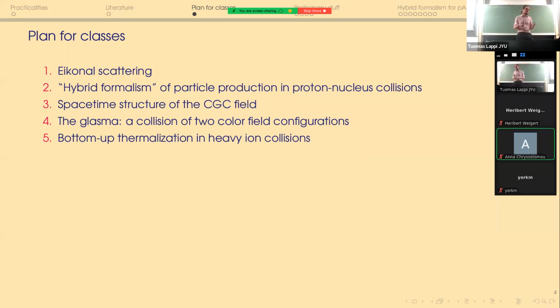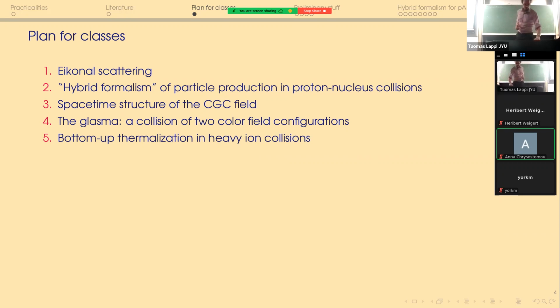The idea is that saturation means that there are many gluons in some limited phase space, and when the occupation number of a quantum state is high, quantum field theory goes into a limit where a classical field approximation is valid. So quantum field theory has the wonderful property that it contains classical fields and classical particles as appropriate limits. And we're going to go towards a regime where we use the classical field limit of QCD to understand high energies. So this is why we'll start with eikonal scattering in a classical field.